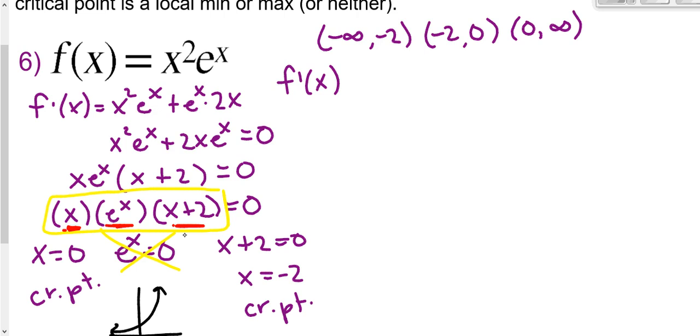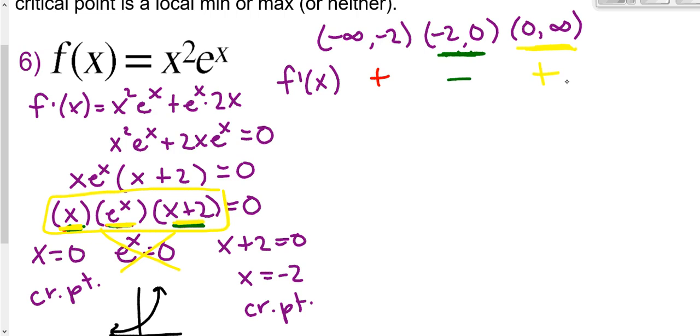So that's going to be positive. Now let's pick something in here. Let's say we pick negative 1. We're going to get a negative times a positive times a positive, and that's negative. Now let's pick something in here. Suppose we pick 1. We're going to get a positive times a positive times a positive, and that's positive.